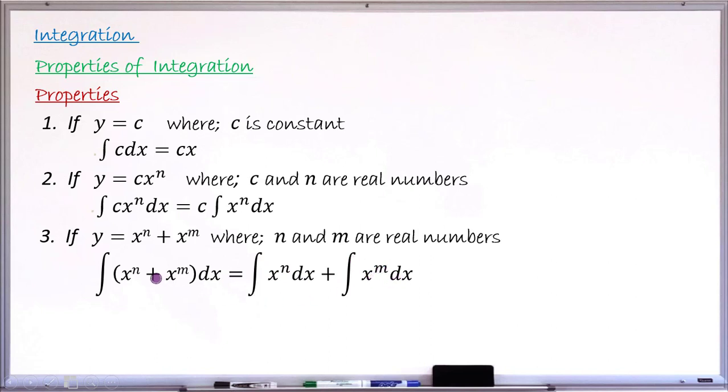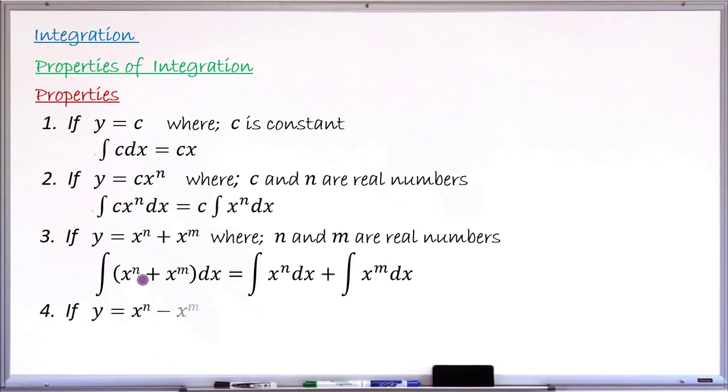That is, you have to find the integral of each term, and whatever is in between the two terms, if it were addition, you add the two integrals. If it were subtraction, you subtract the two integrals. So this is integration term by term, if you have a function that has more than one term.